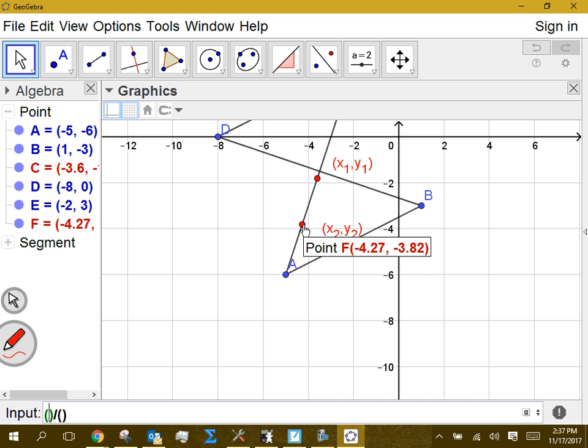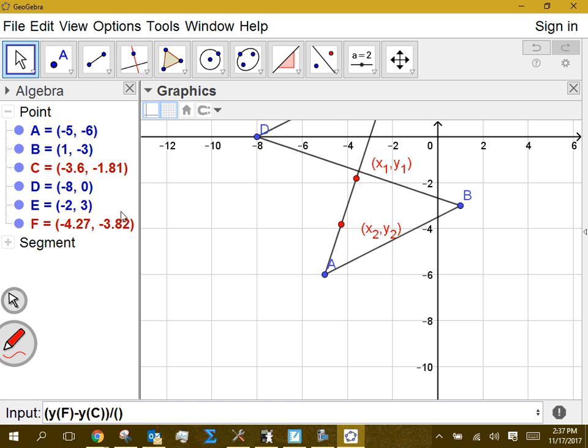So I say y, the y value from point F, and I'm going to subtract that from the y value of point C. That's how I tell GeoGebra to take whatever these y values are, the negative 1.81 and the negative 3.82, and subtract.